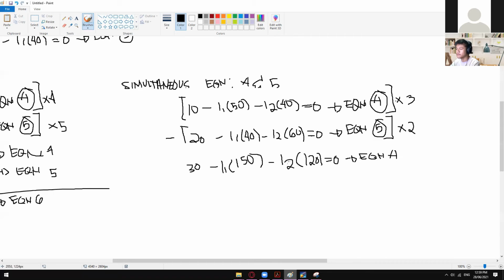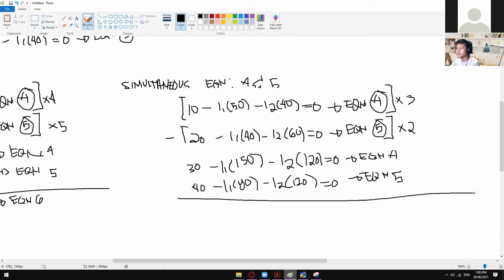So just let me know if I did something wrong. Okay, and then for the second equation, the equation number 5, just multiply this one by 2. So 20 will become 40 minus I1 times 80 minus I2 times 120 is equal to 0. This is now our equation number 5.